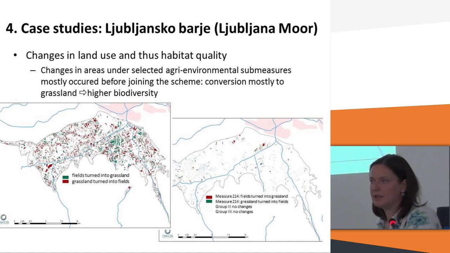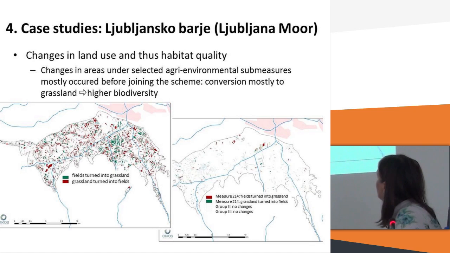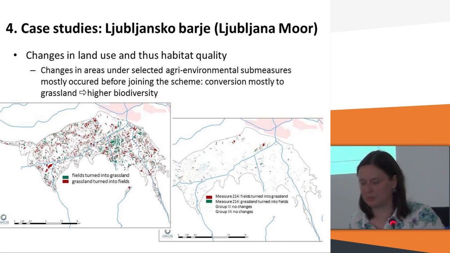So there are areas where fields were turned into grassland, and these were quite often included, these farmers often entered the AgriEnvironment measure. In quite a lot of the cases, the grassland was turned into fields because it's more profitable, let's say.